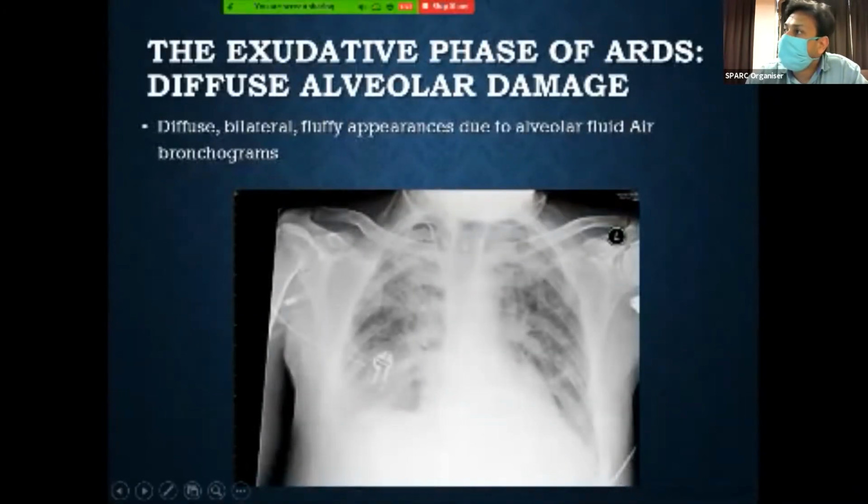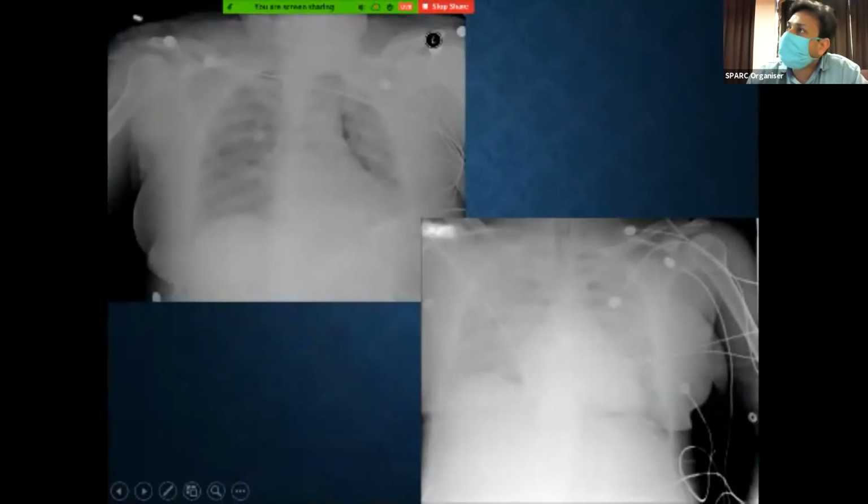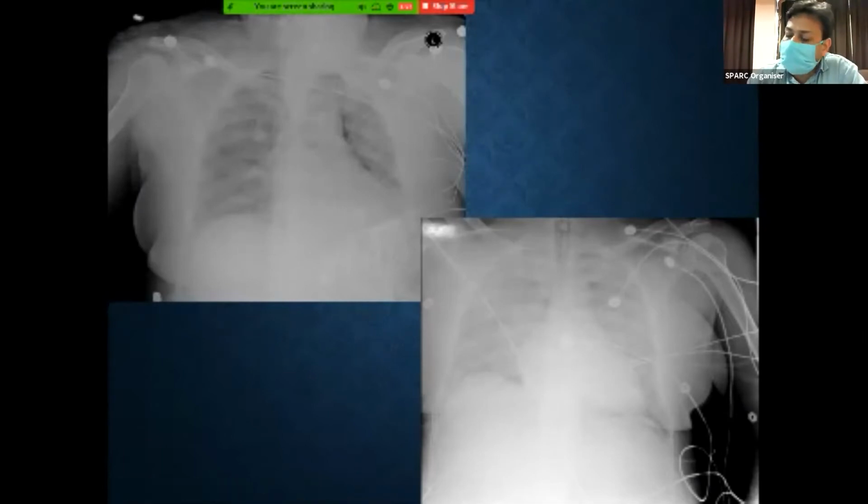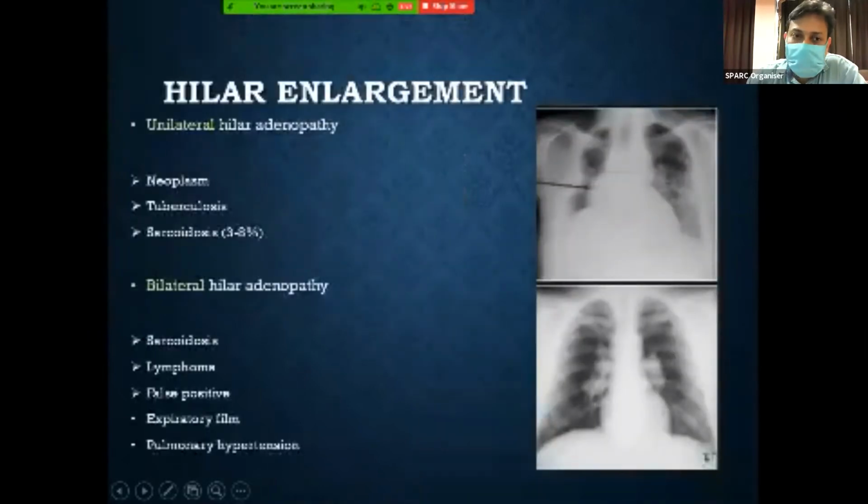Initially you will have some patchy areas of increased opacity, and over a period of time most of the lung will be white out. This is a typical pattern of ARDS, and there is a progression of ARDS depending on which phase of the ARDS you are dealing with. Like in this case, you have bilateral lungs almost white out.